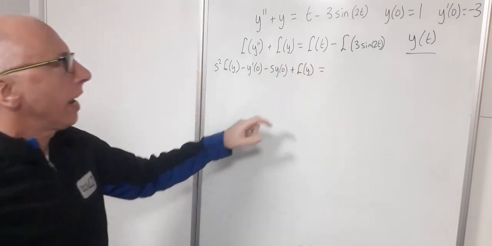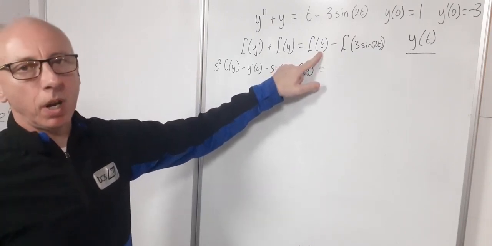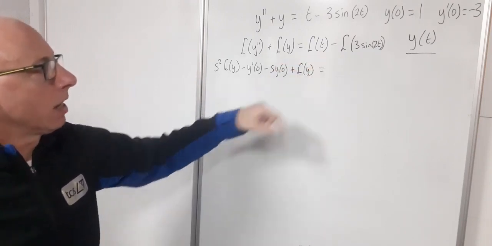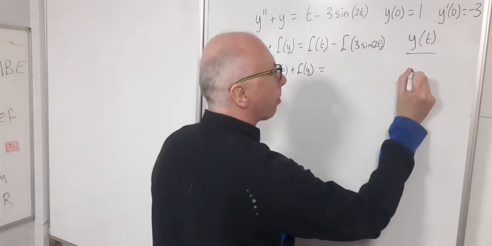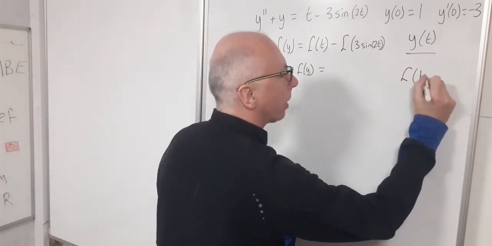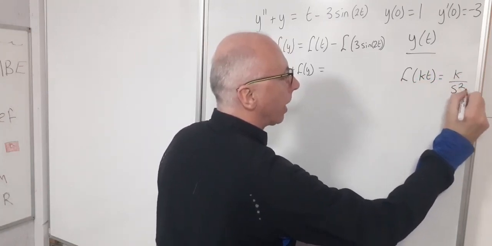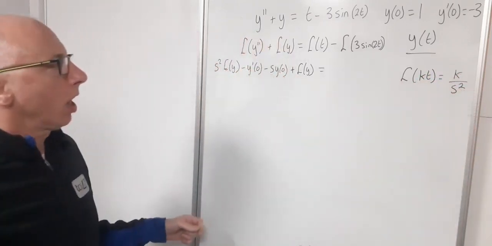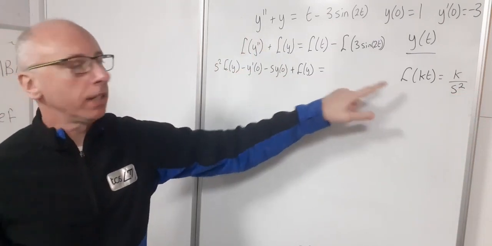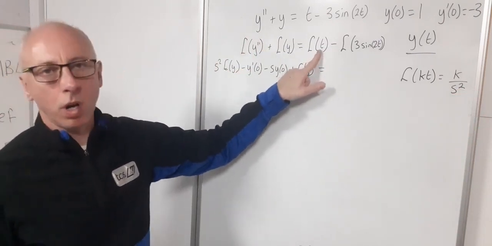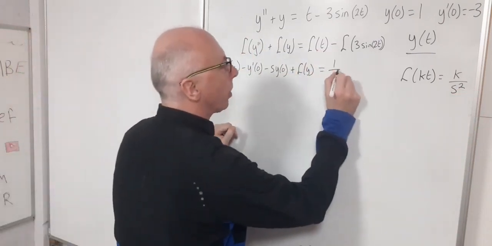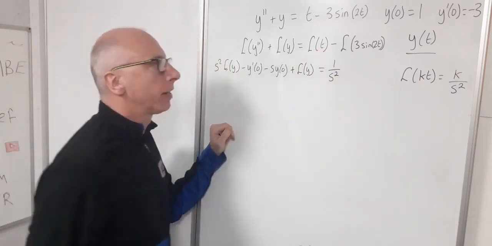Okay, now we need the Laplace transform of the variable t. Now if I take any variable, the Laplace transform of kt, that just becomes k over s squared. Okay, so I can plug that into there. So here my k is just 1, so that just becomes 1 over s squared.